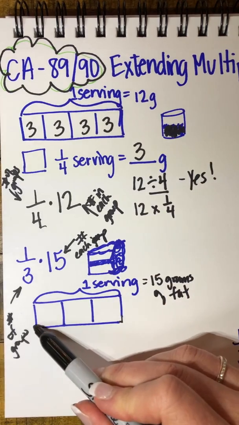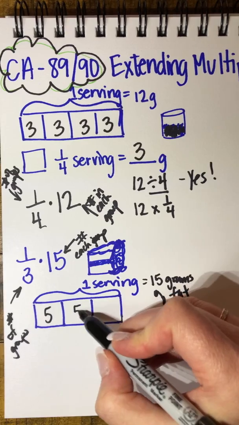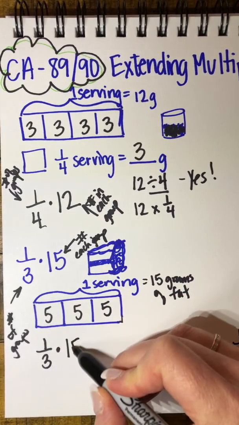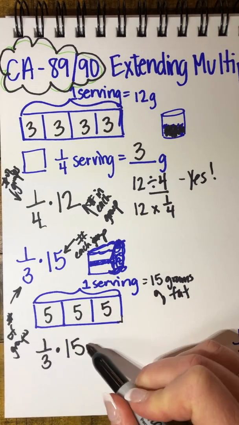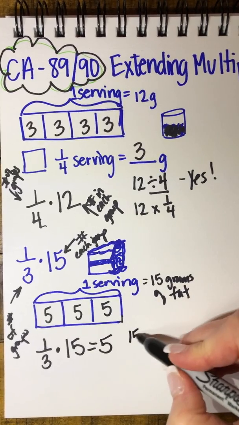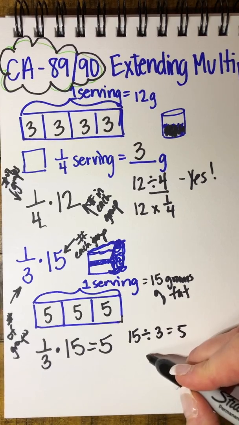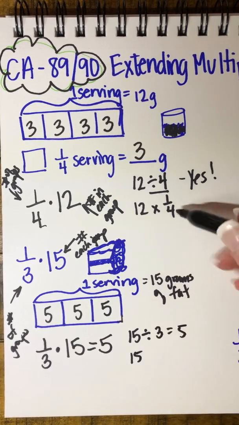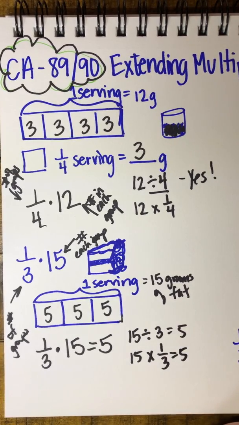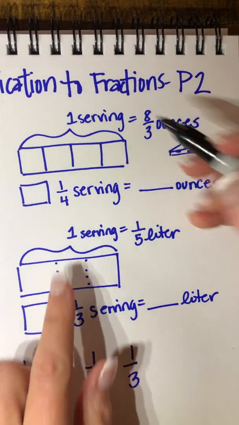All right, so if I have 15 grams and I partition it into thirds, then I know that each third is 5. So 1/3 of 15 is 5. And you're probably thinking, well, that's just like dividing by 3. And you're right, it is, because dividing by 3, just like we saw up here, is the same as multiplying by 1/3.